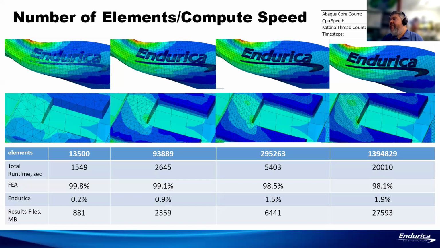What I've plotted in the table below are the run times that we're getting for these types of problems with our code. You can see that for the coarse discretization, the finite element job ran in about 1,500 seconds, a little bit less than half an hour.